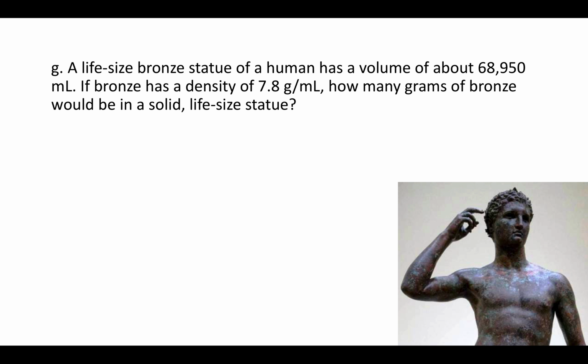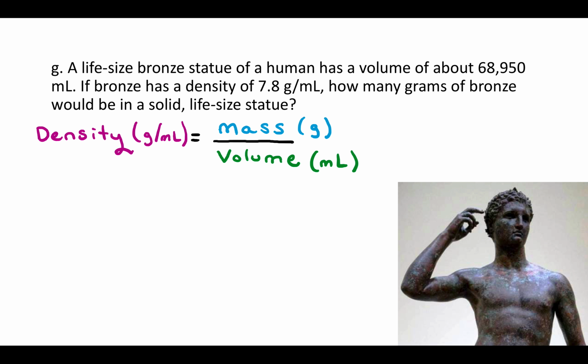This one says a life-size bronze statue of a human has a volume of about 68,950 milliliters. If bronze has a density of 7.8 grams per milliliter, how many grams of bronze would be in a solid life-size statue? So, we know that density equals mass over volume.